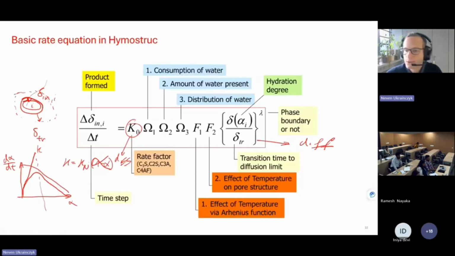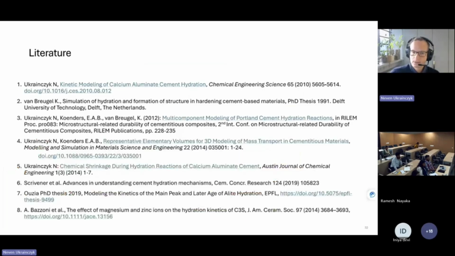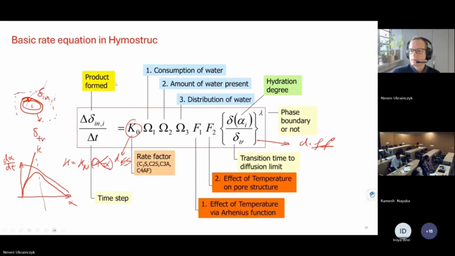Actually, I don't have these slides. Okay, so you can see it in this reference, actually this is a thesis from Van Bruegel. So basically you want to model the total amount of water consumed. You want to model the amount of water present around each particle, because the bigger particles consume more water than the smaller.